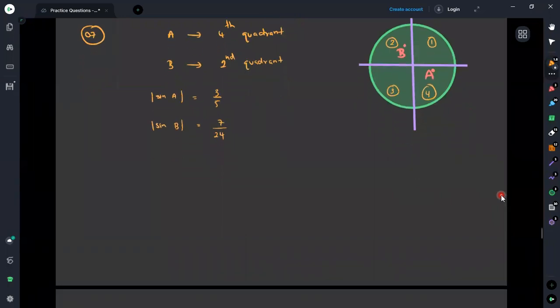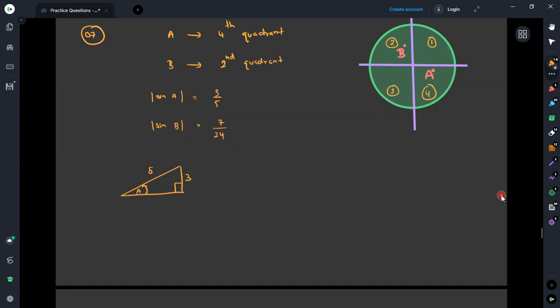Since the modulus of these angles is given, without thinking about the quadrant, we can find the associated acute angle. If you draw the triangle, and this is the angle A, we always take the associated acute angle. Since sine A is given as 3 over 5, the opposite side is 3 and the hypotenuse is 5.